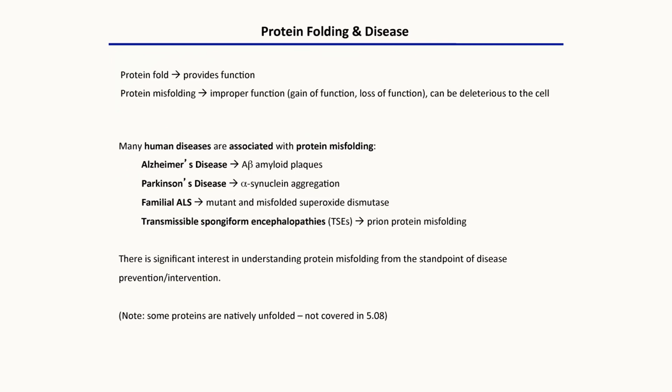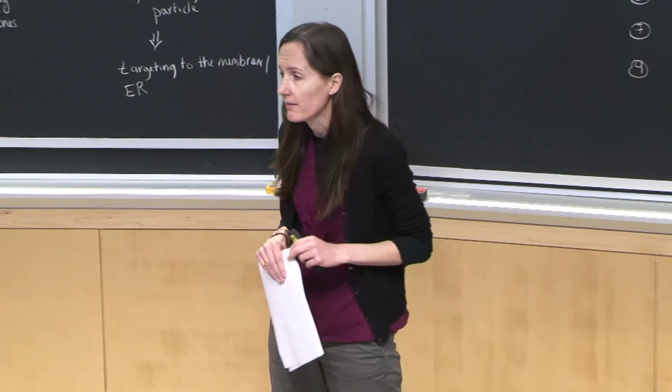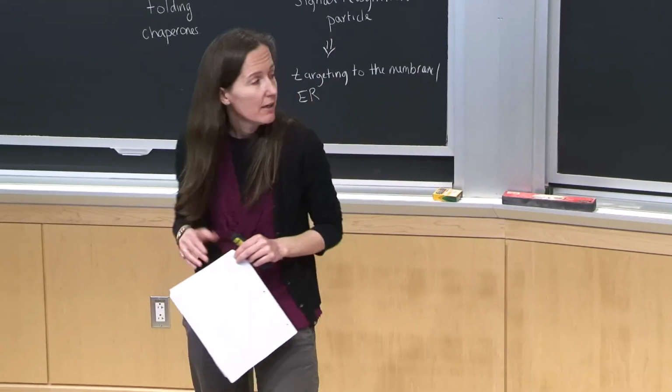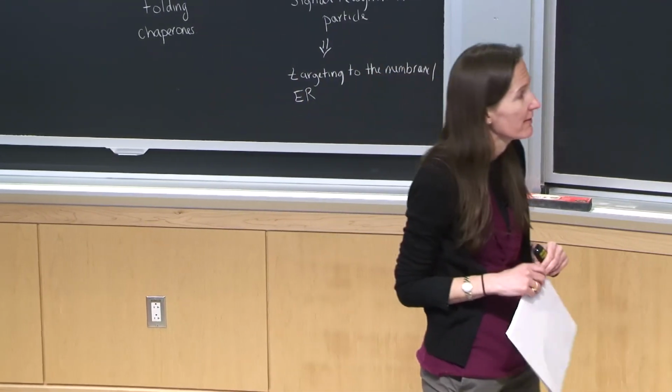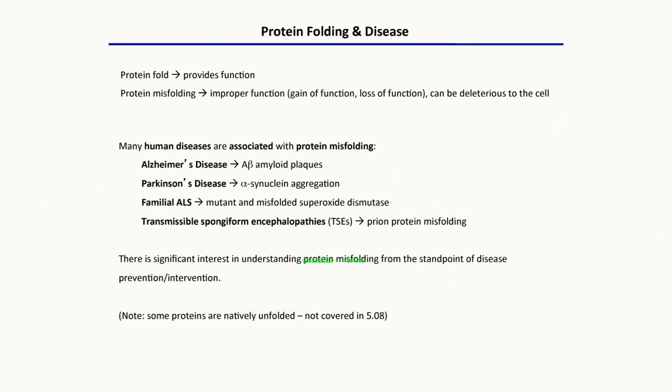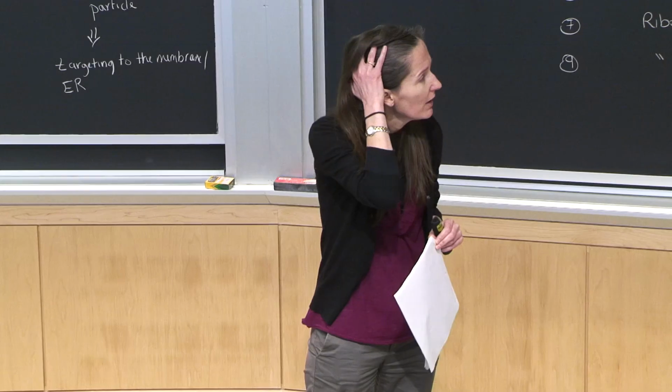In Parkinson's, there's a peptide called alpha-synuclein that aggregates. In familial ALS, also called Lou Gehrig's disease, there are single point mutations in an enzyme called superoxide dismutase that results in misfolding and some negative consequences, and then misfolding of the prion protein. So a lot of these are neurological disorders.